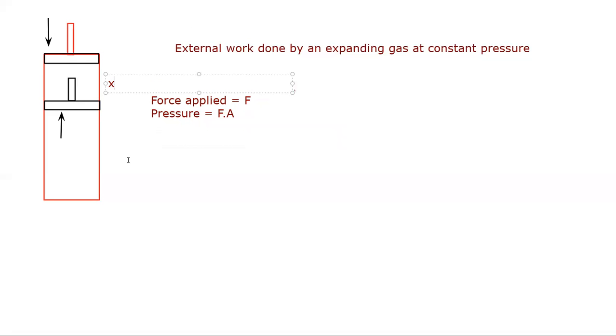So work done by the gas is equal to, my mistake, pressure is not F into A, pressure is F by A, pressure is force divided by area. So work done by the gas is force into displacement.